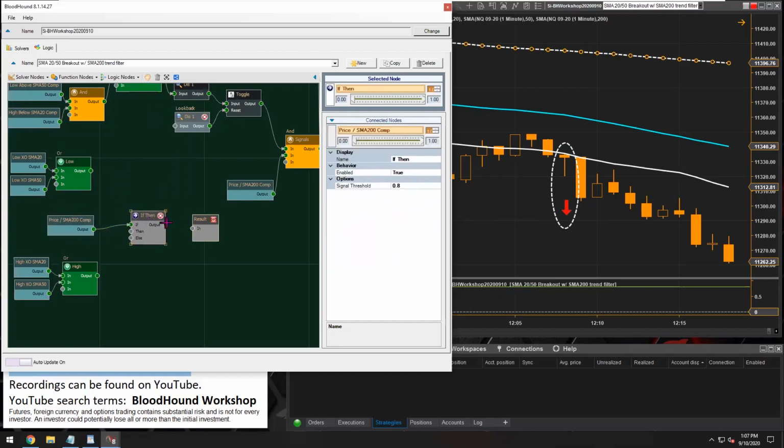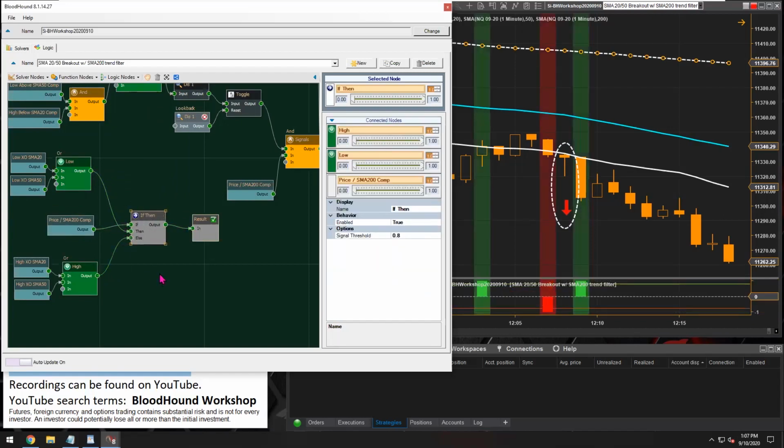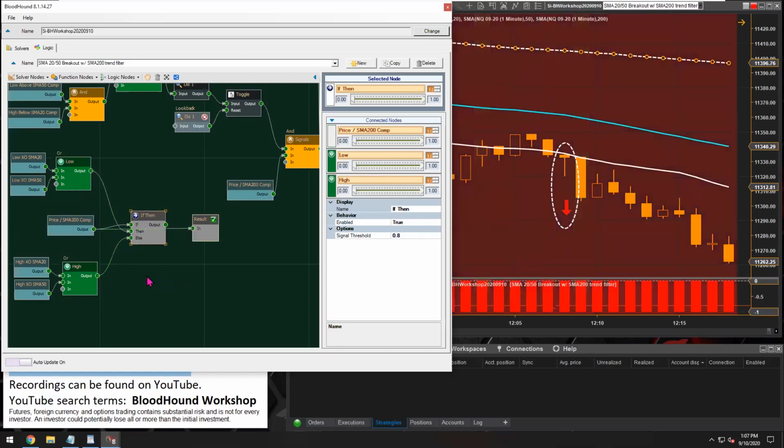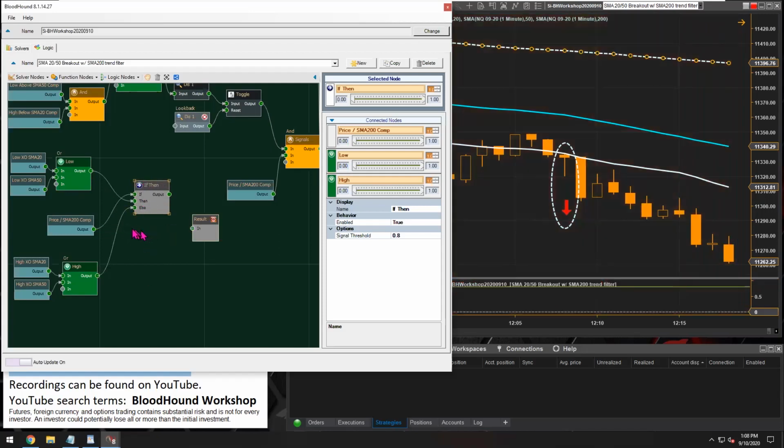So I'm just going to hook this up and see if this actually works. Not quite. All right, it wasn't going to be as easy as I thought, but we'll get this to work.